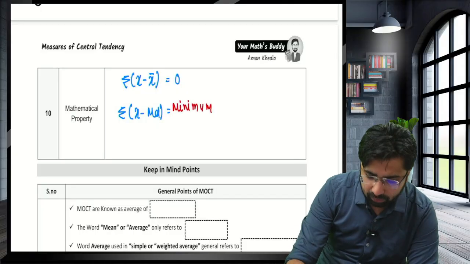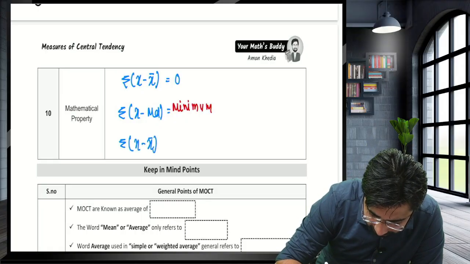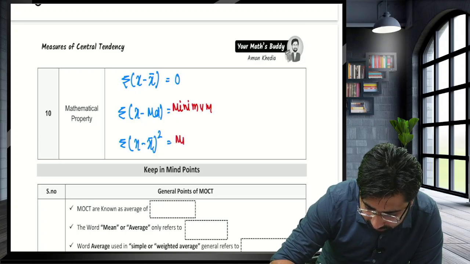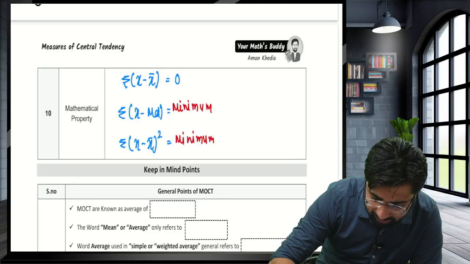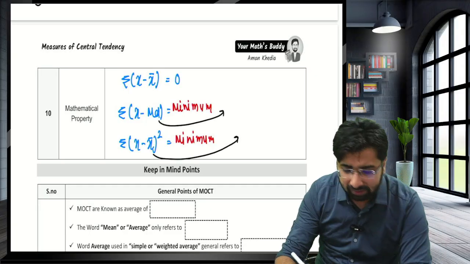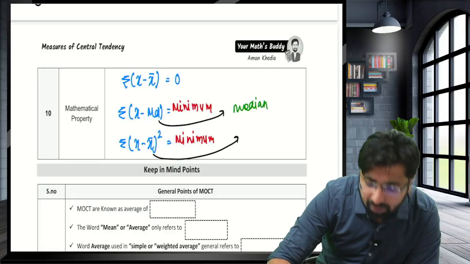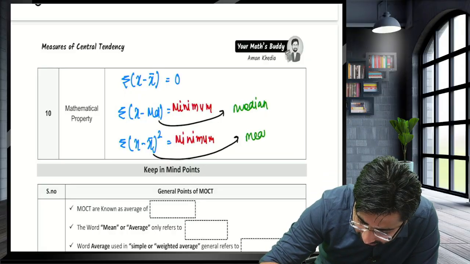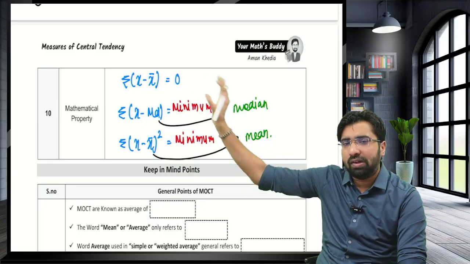The sum of the deviations from the mean is 0. The sum of the absolute deviations is minimum when taken from the median, and the sum of the squares of the deviations is minimum when the deviations are taken from the arithmetic mean. And the sum of the deviations from the mean is always 0.